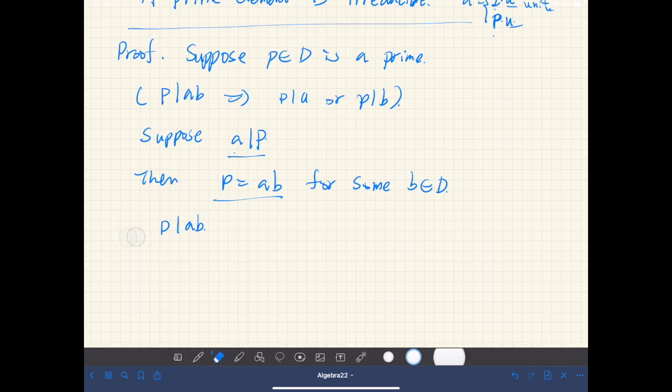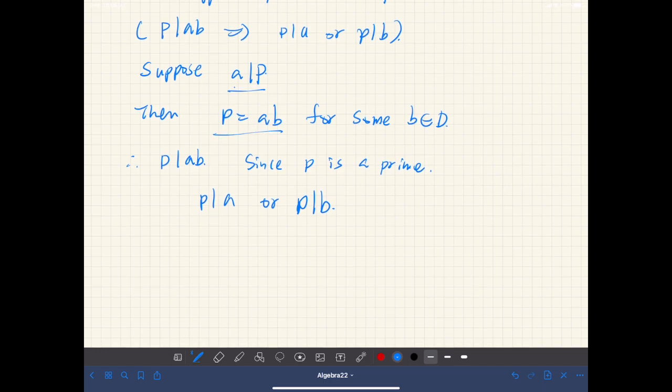And since P is a prime, this means either P divides A or P divides B. So if P divides A, then we have A is equal to PC for some C.